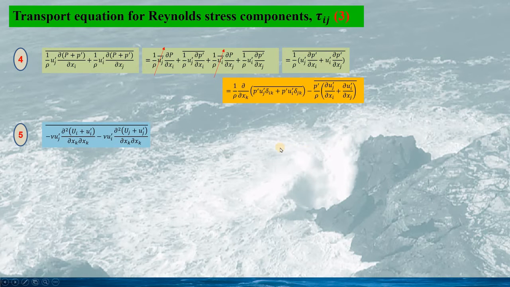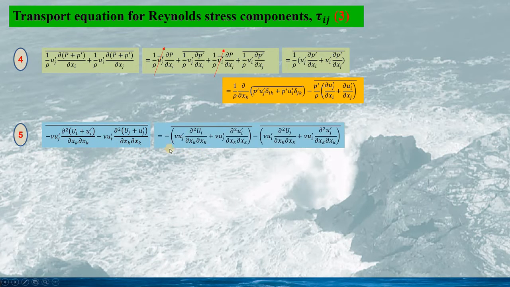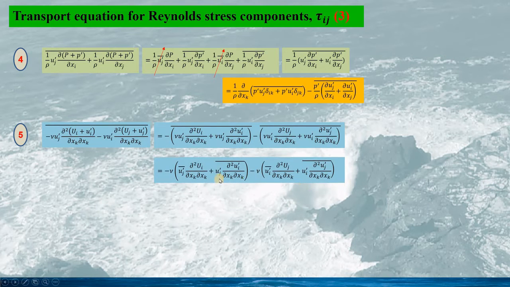For the fifth term, this is relevant to the fluid viscosity. We can separate all these terms, so we have the expression as this, and we can take the mean velocity out of the averaging operation. We have the expression as this and this. Here again, the averaging of the single fluctuating velocity u prime j and u prime i would be 0.